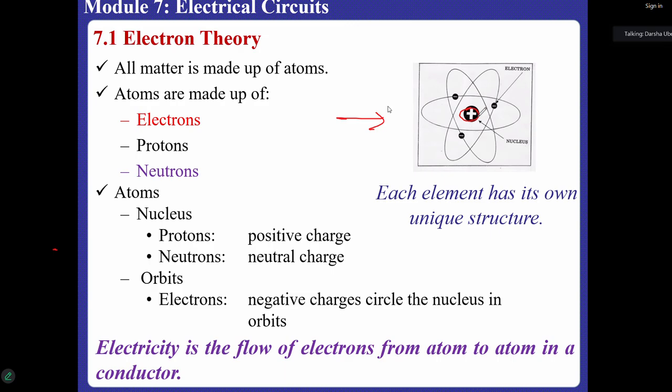Neutrons are not giving any charge. That's why they mention a positive sign here. Positively charged, and these electrons are negatively charged. You can see the electrons have a small line, indicating they are negatively charged, right? So these are the orbits around the nucleus. Normally, electrons are moving around the nucleus in their orbits.